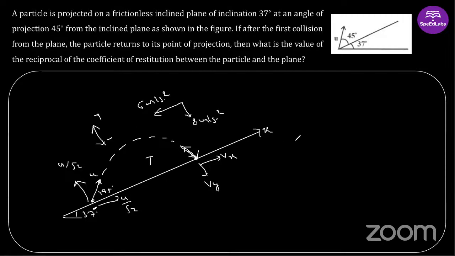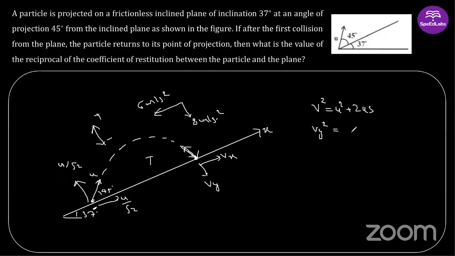Using v square equals u square plus 2as, the final velocity square is vy square.